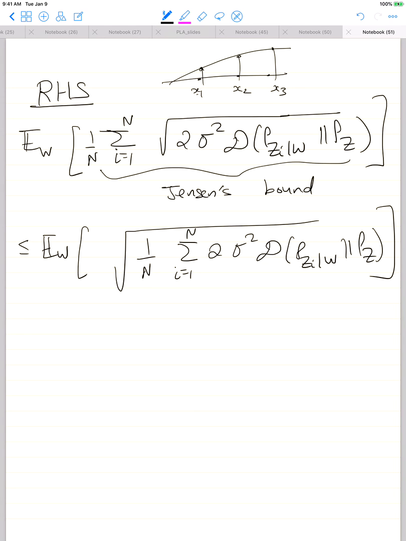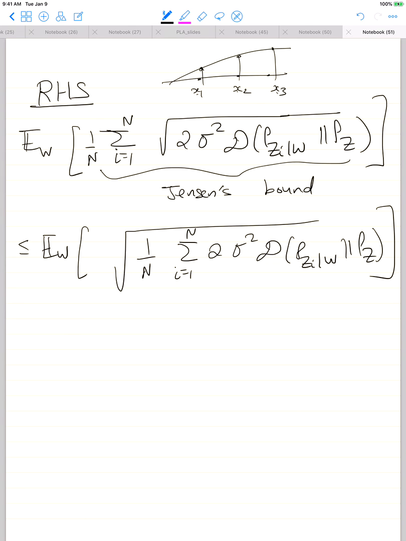In the other case, I'm taking the average of x1, x2, x3 and then computing the function. And so that is always going to be greater than the average of the function values. Right? That's Jensen's for a concave function.